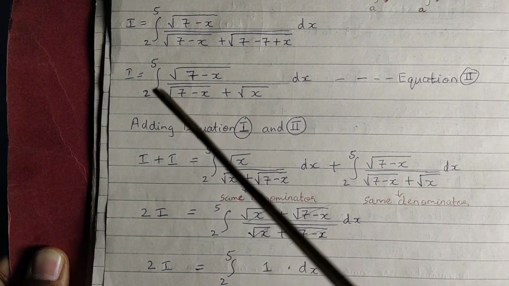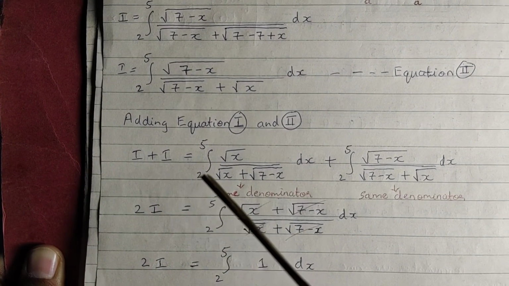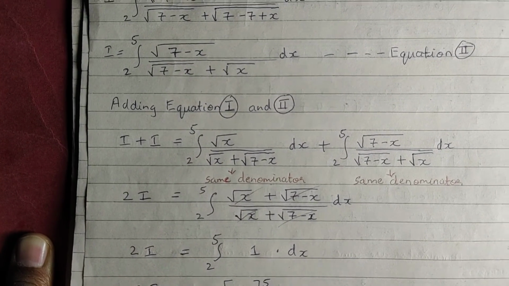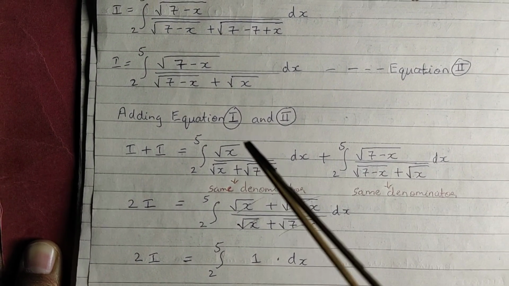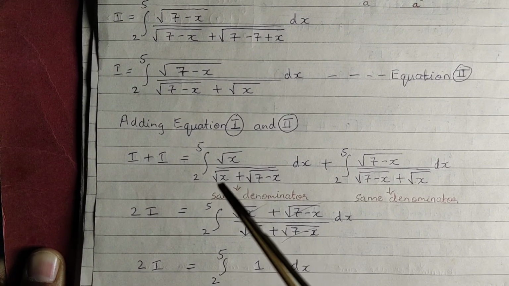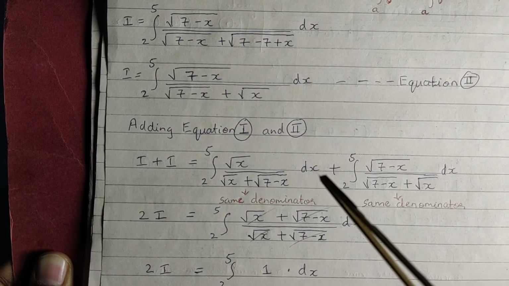You can see the denominators out here are one and the same. I plus I, because on the left hand side there are two I's, I plus I, then 2 is the lower limit, 5 is the upper limit, and the question itself we have copied: x under root of x divided by under root of x plus under root of 7 minus x dx.